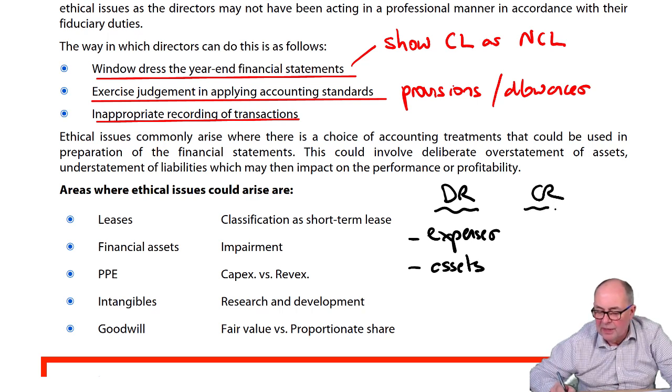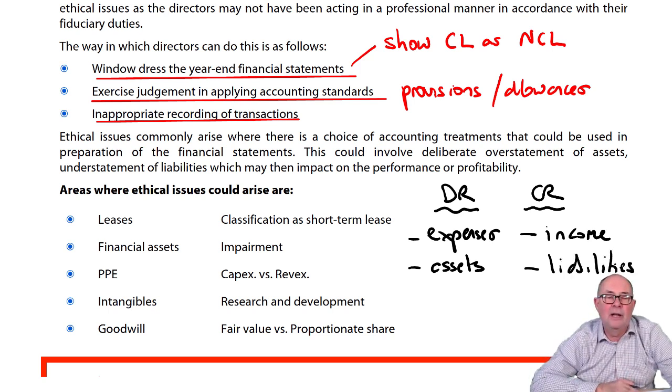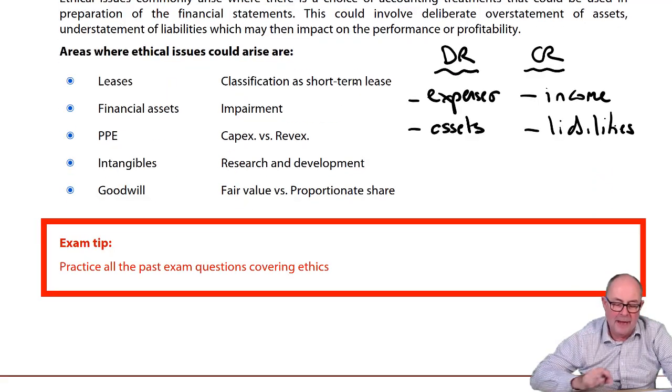Credits, I hope you remember, are income or liabilities. So if I have a big bank loan, I should debit cash, credit loan. If I debit cash, credit revenue, my accounts balance. You might say, how disgusting. It happens.